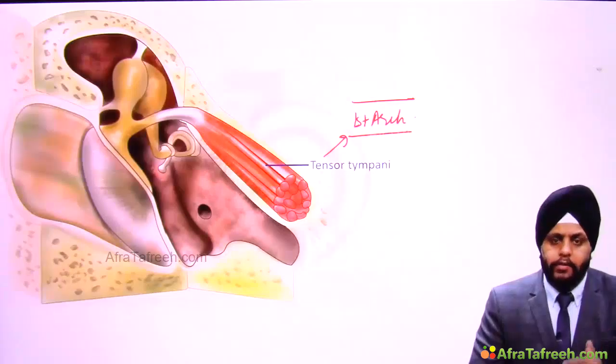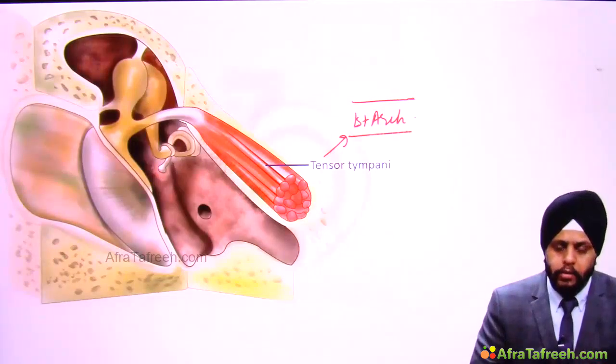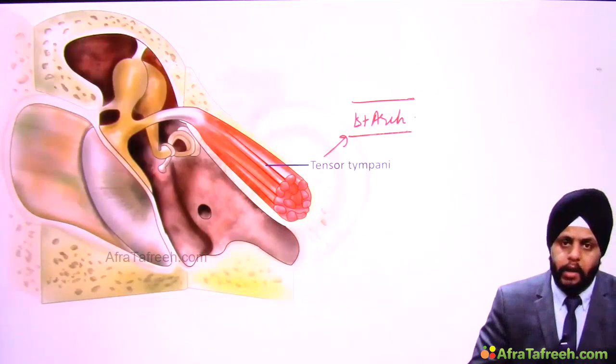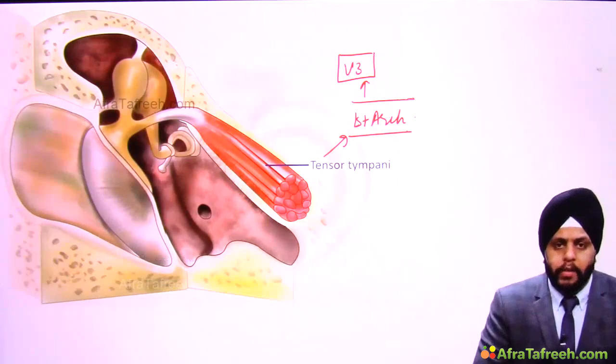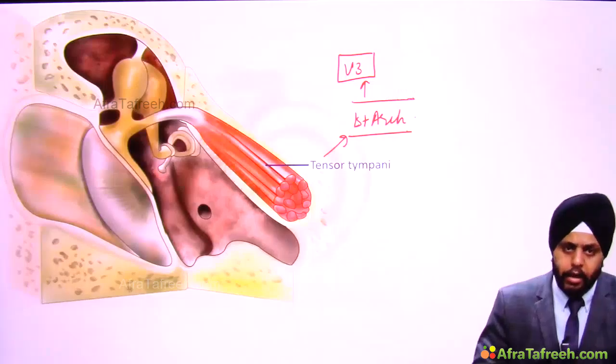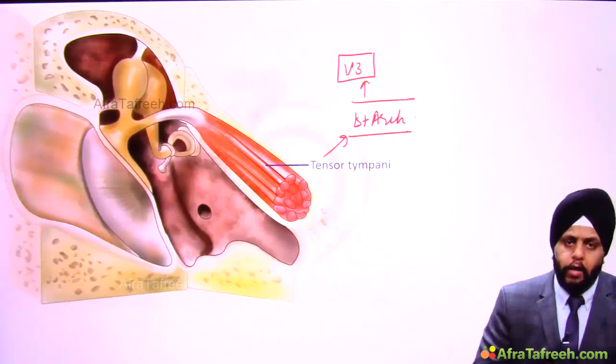Right, so this tensor tympani is a muscle of first arch. So obviously it will be supplied by which nerve? It is supplied by your mandibular nerve. Now you see this muscle, it arises from the canal of tensor tympani, that's in the anterior wall, comes into the middle ear, goes to the medial wall.